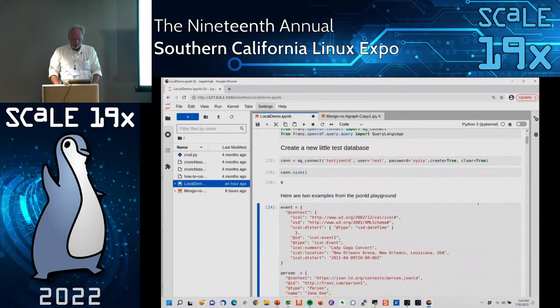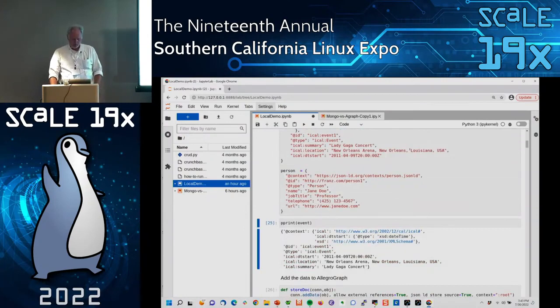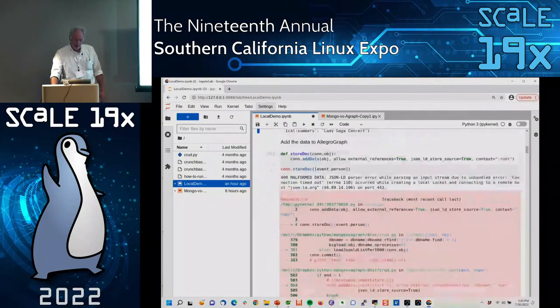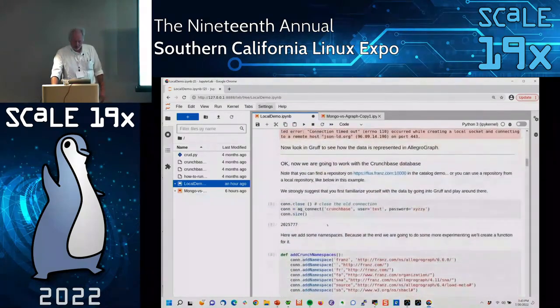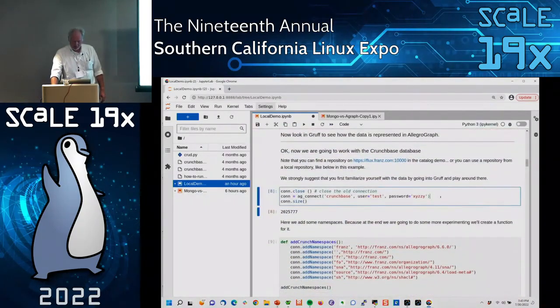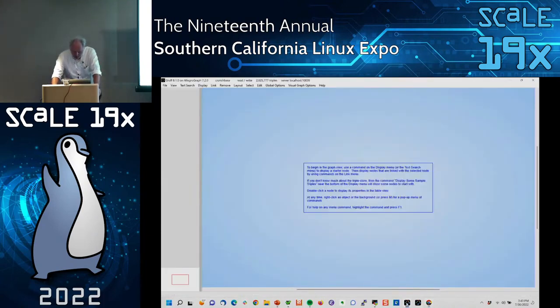And here are some objects from the JSON Playground that you can play with. And here you see that they are represented as dictionaries in Python. But let's just go to the main thing. Actually, no, I want to do a demo first, and then I'm going to do this.